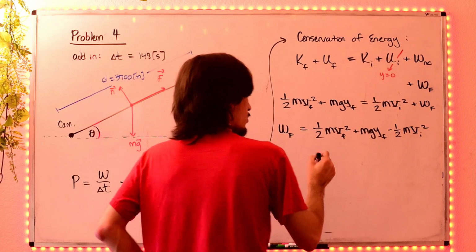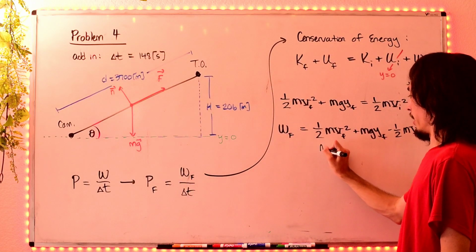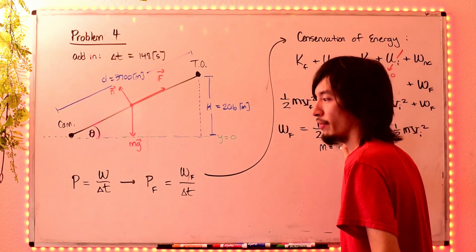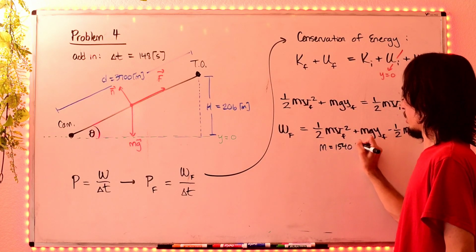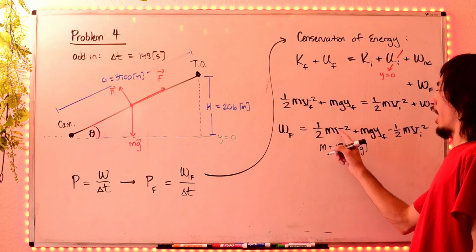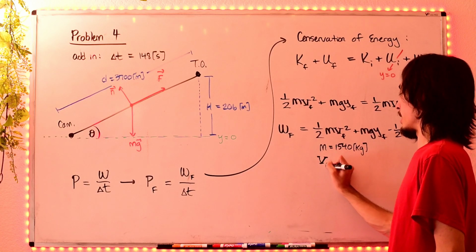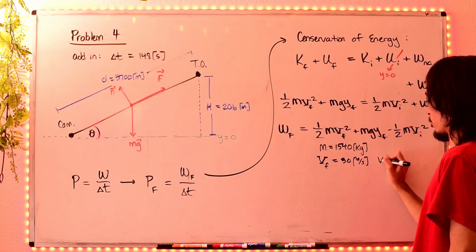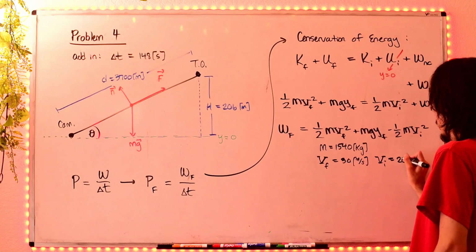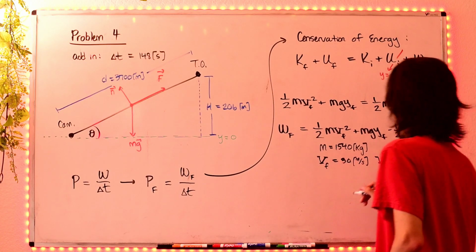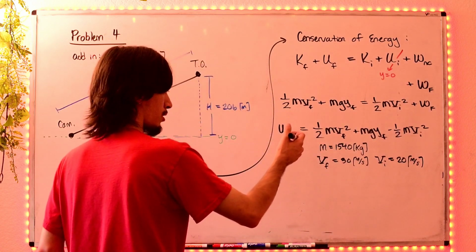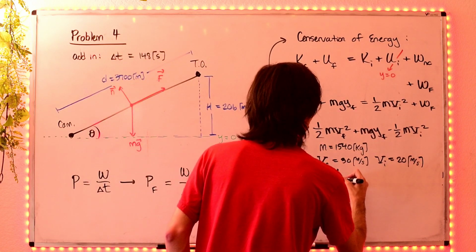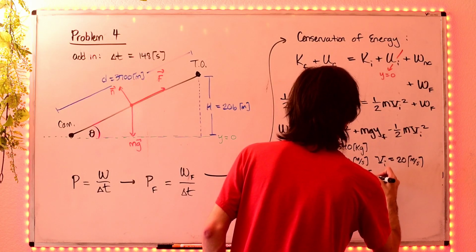Okay. So using the values in here, the mass of the car, which was given to be 1540 kilograms, v final is taken to be 30 meters per second, v initial is taken to be 20. We're just going to plug in those values, along with y final, which is 206.